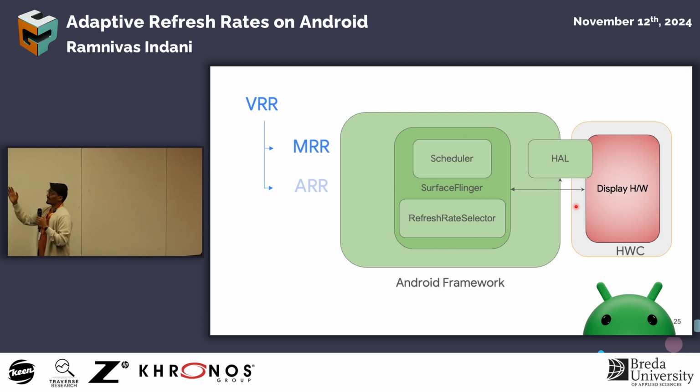So that interface helps us communicate with the hardware side. These are the binder calls that go from the software boundary to the other side where the hardware composer implementation is done, to query these parameters from the hardware.